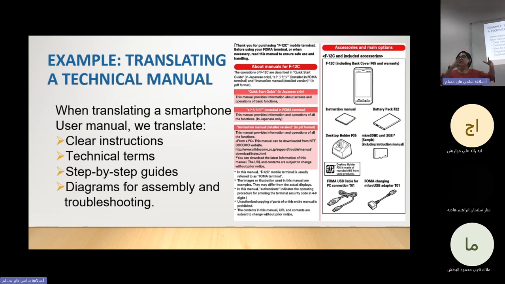And diagrams, إذا في عندنا charts, إذا في عندنا diagrams, إذا في عندنا صور, we have to translate these. Okay, so that's an example of a smartphone guide. You have the instruction, the quick start, you have it in the instruction manual, how to do, what to do in each step and everything. Okay, so this is what technical translators translate sometimes if they translate manuals.